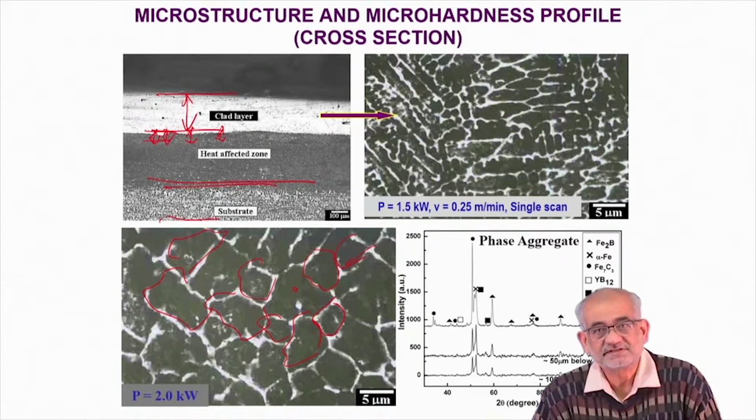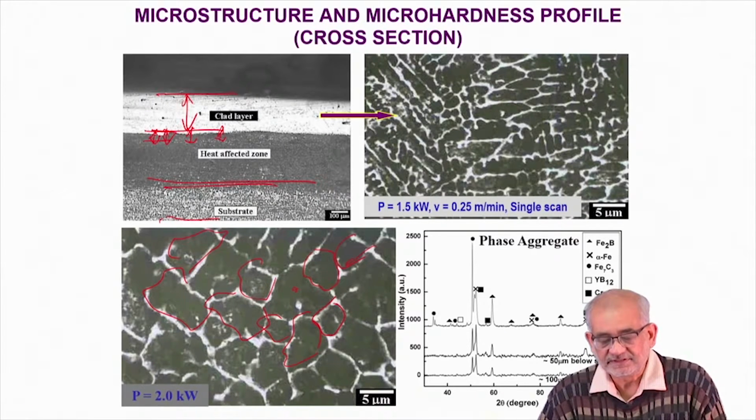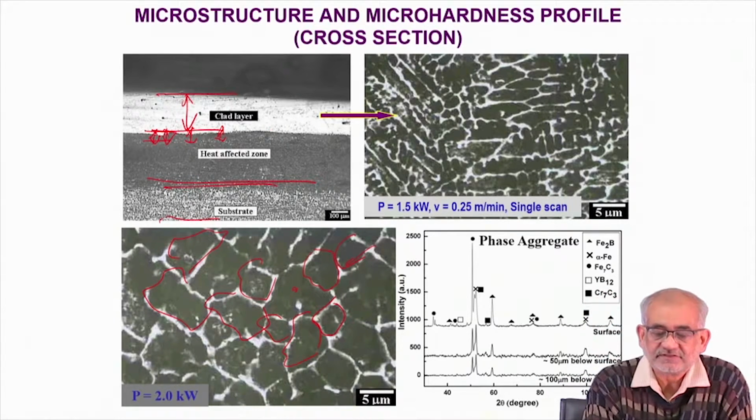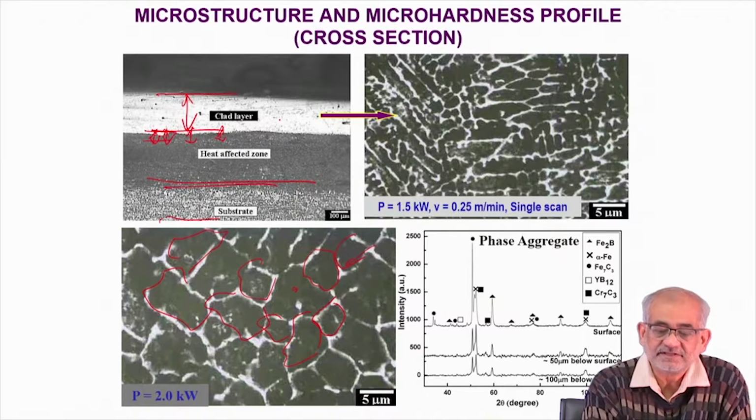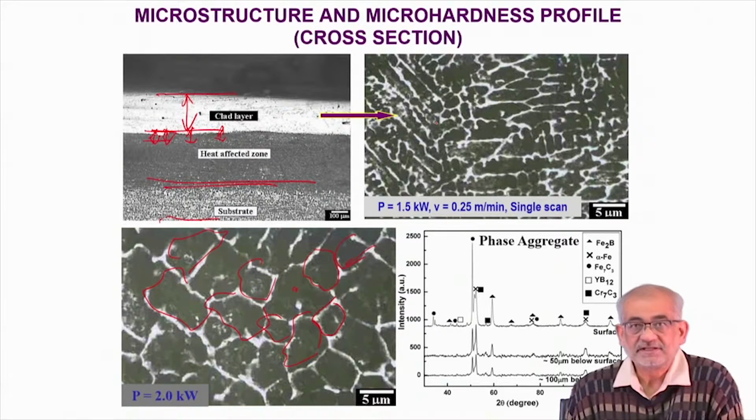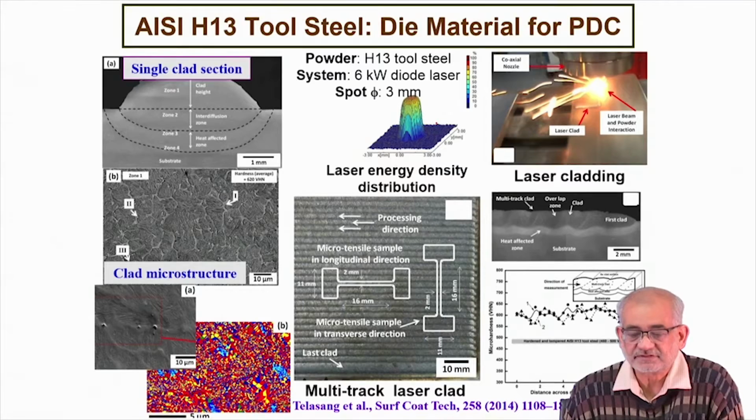So the take home message is that you can create a very thick clad layer, very well integrated with the substrate, but even with the cooling rate that you can employ with the laser surface cladding process, easily 10⁻³ Kelvin per second or higher, you are not able to retain the entire glassy or amorphous matrix.